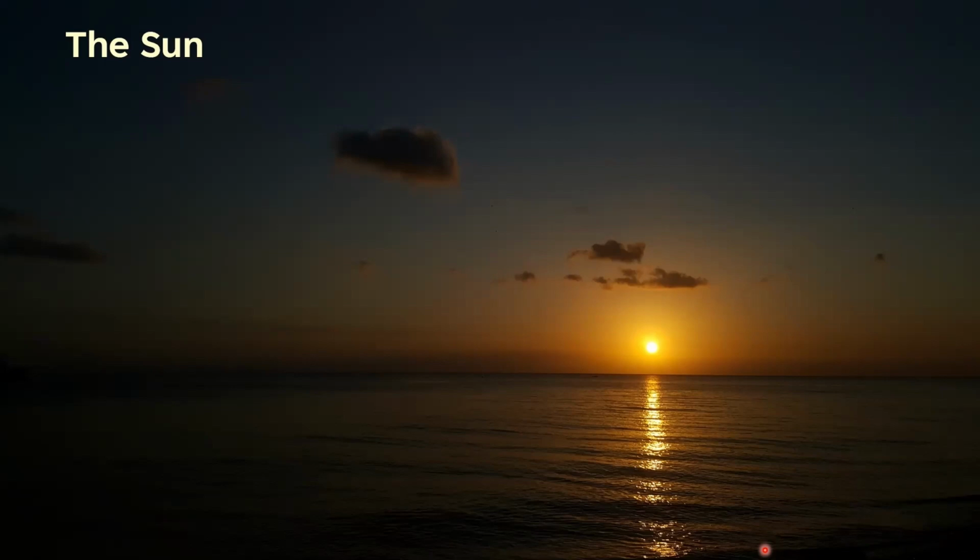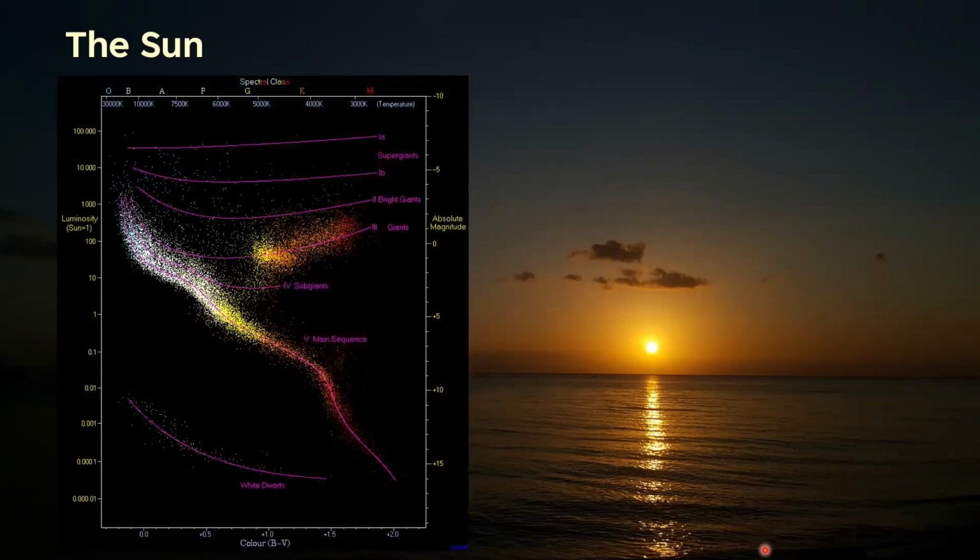So what does an HR diagram look like? The HR diagram is a plot of the luminosity, or sometimes it's plotted against the absolute magnitude. So this is luminosity and this is magnitude. And then it is plotted against the color, which is equivalent to the temperature.